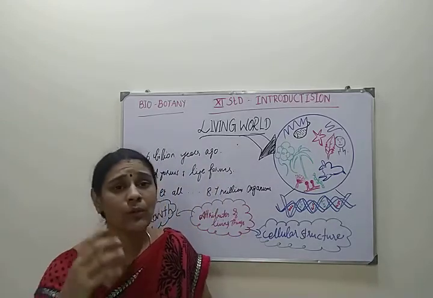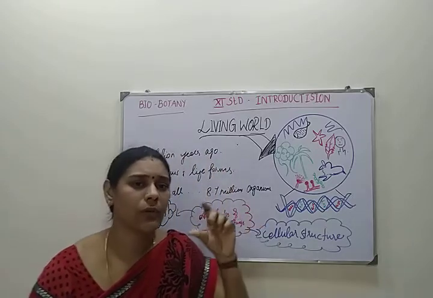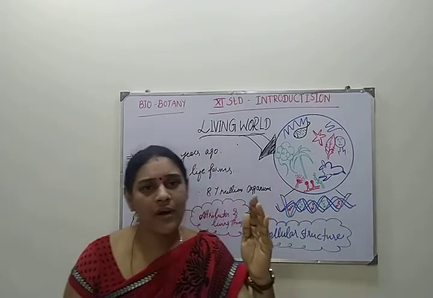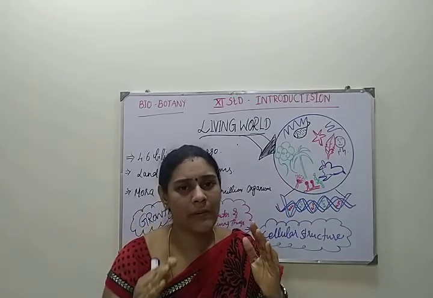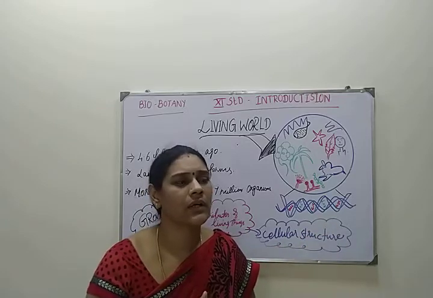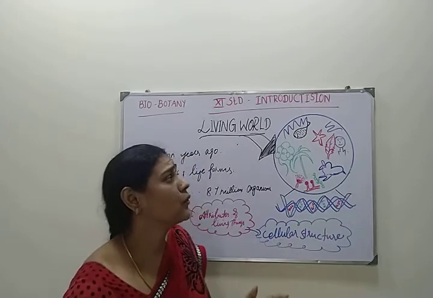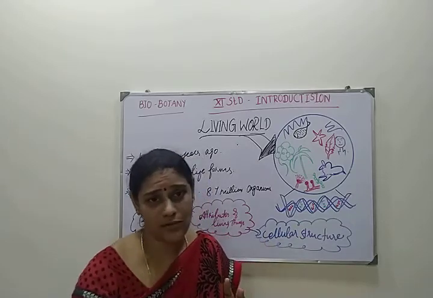So we are going to read about this in this lesson. We are going to read about the small parts, microbes. So many things we are going to learn: microbes, plants, animals. In this unit you will have 2 chapters, as I told you earlier.